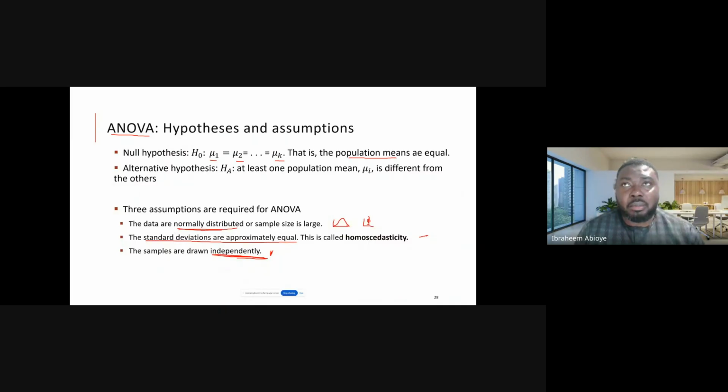So the other key point is that these analyses are best done in clinical trials. They are best done in clinical trials because what we're saying in essence is that there is no relationship between the groups.